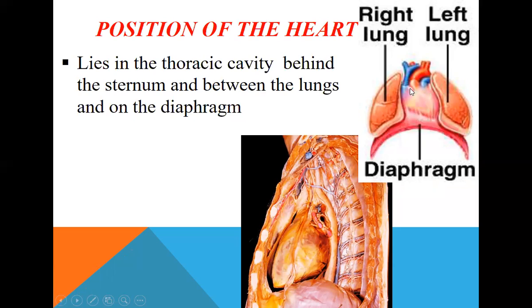Just above the diaphragm is the heart, sitting almost at the center, slightly deviated towards the left, and on either side we have the lungs. So these are all the components within the chest. The position of the heart lies in the thoracic cavity behind the sternum.